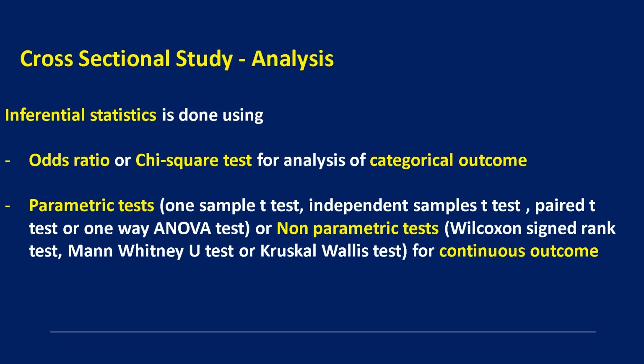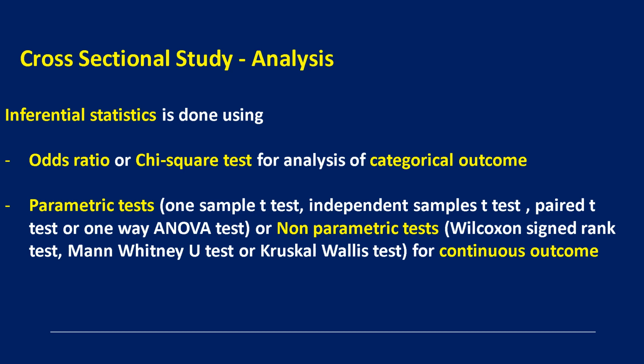Wilcoxon signed rank test for one sample can be applied as an alternative to one sample t-test. Wilcoxon signed rank test for paired sample can be applied as an alternative to paired sample t-test.